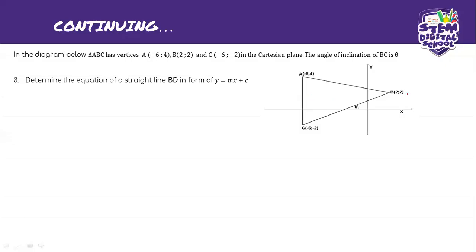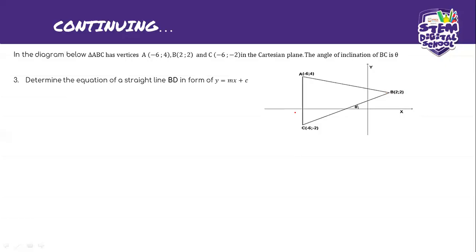Remember, we have determined the coordinates of D there. Determine the equation of straight line DB in the form y equals mx plus c.